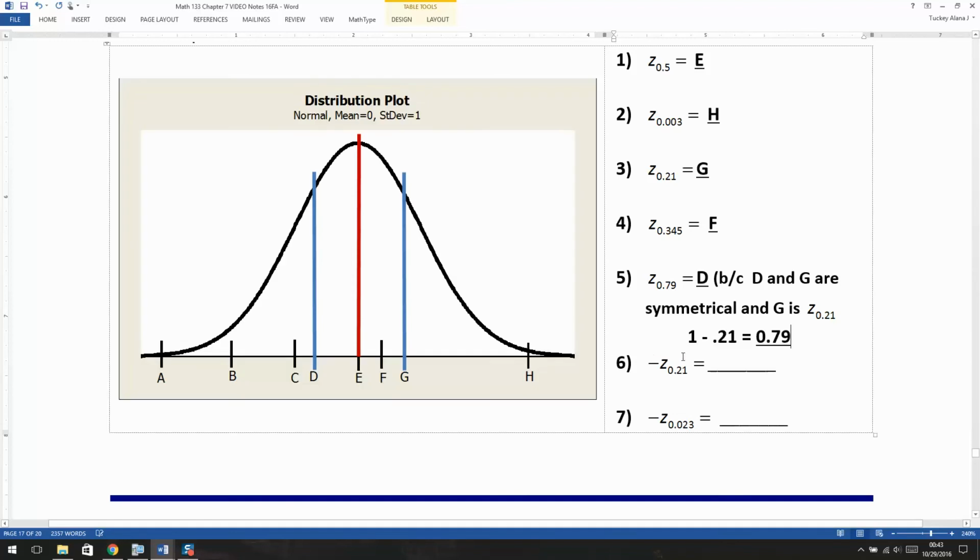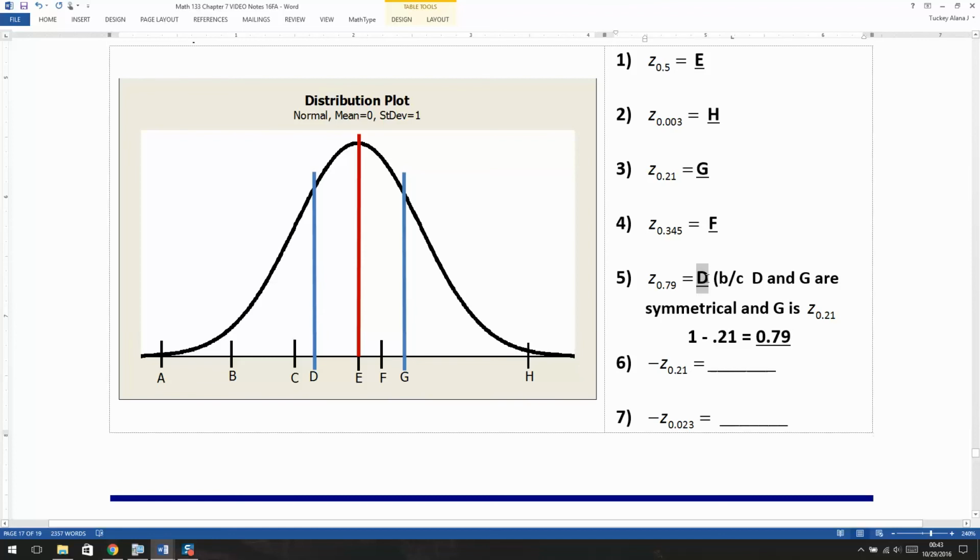Okay, now what about negative z.21? Well, negative z means it's going to be on the left side, with z.21 being a small amount. So this is going to start at the left side and work its way over. Negative z.21 would be equal to, you guessed it, D. It's the same number.